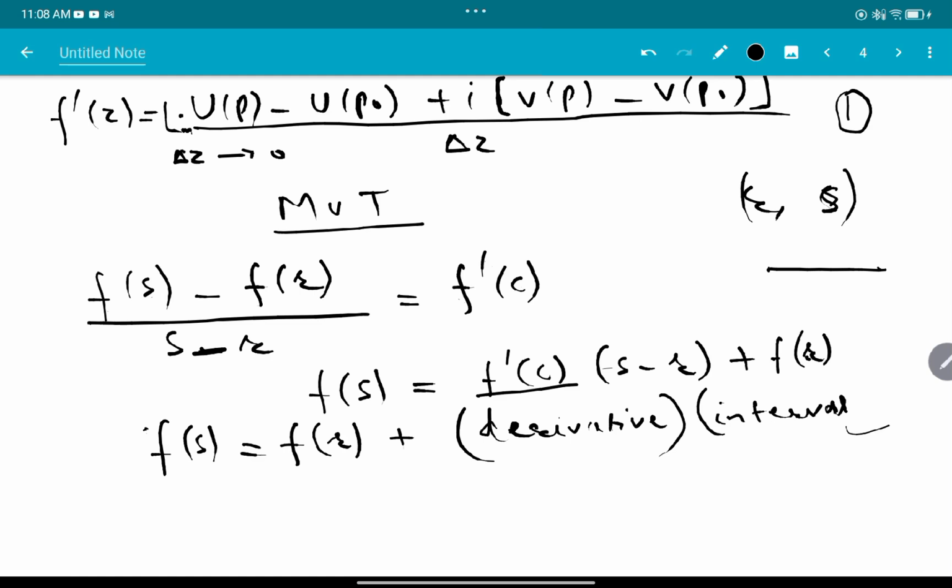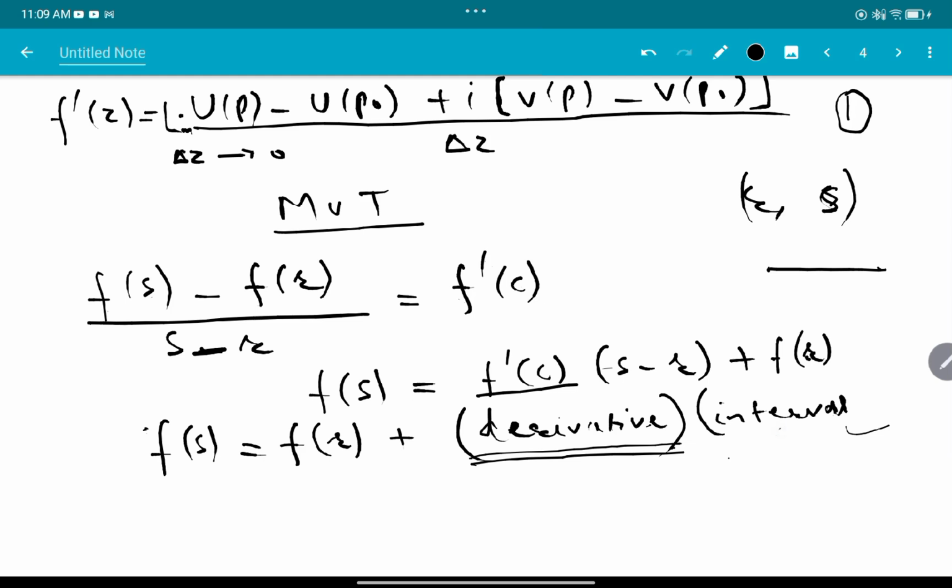We will use this theorem if we have, for example, a single variable function. It is quite easy to use, but for a function that has two variables, you have to use two derivatives. First you take the derivative with respect to x, and multiply it by the interval delta x. Then you take the derivative with respect to y, and multiply that by the interval delta y.